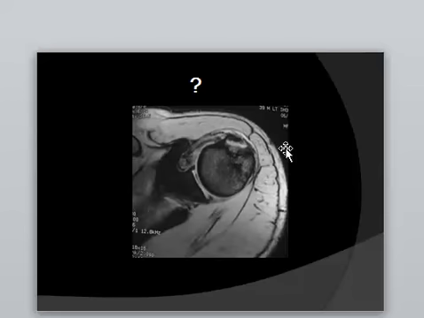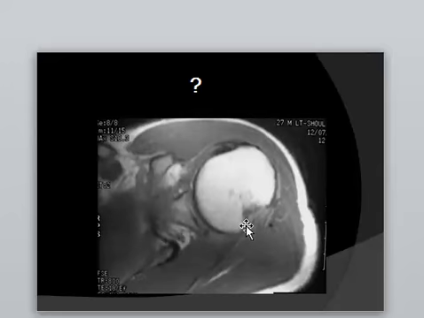What is this one? This is a greater tuberosity fracture. What is this? This is posterior and lateral, so it is a Hill-Sachs deformity, Hill-Sachs lesion.